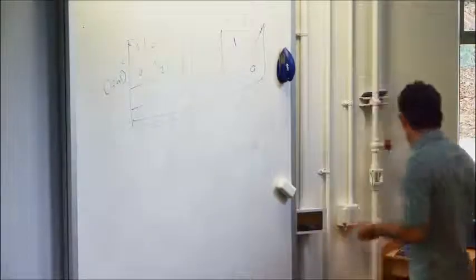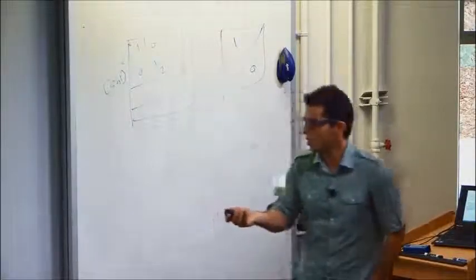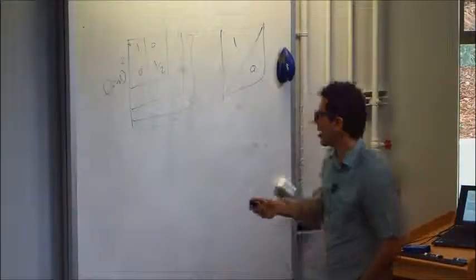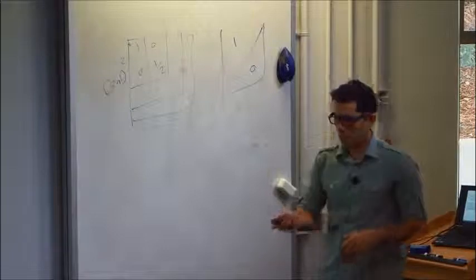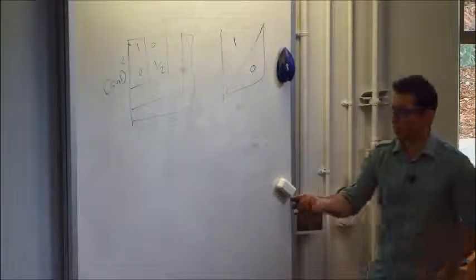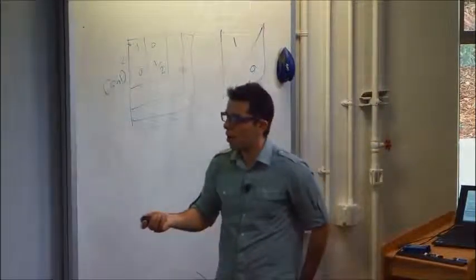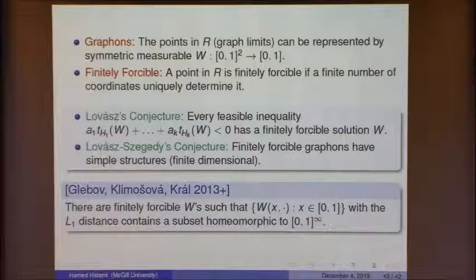And then this finite dimensional conjecture was the last precise conjecture. I'll say what it says exactly by mentioning this newly announced result, which is still a preprint, I haven't seen the paper, by Glebov, Klimošová, and Dan Kráľ, which says that there are finitely forcible W's such that the following holds.